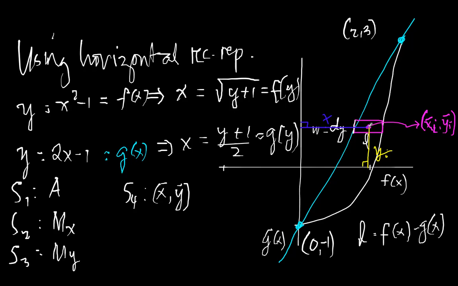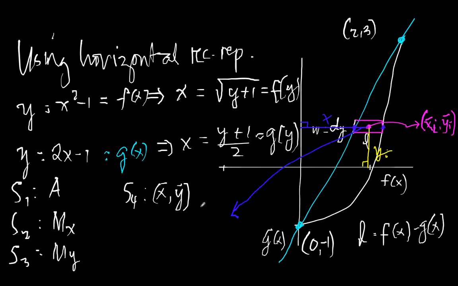Now, for us to solve for the value of x here, we know that this is the midpoint, the center of mass of this rectangular representative. Therefore, it's just as good as saying this is the midpoint between these two points, the point on the curve and the point on the line.